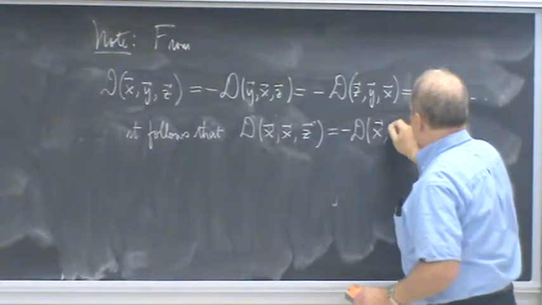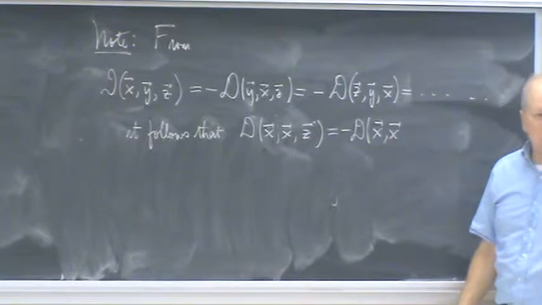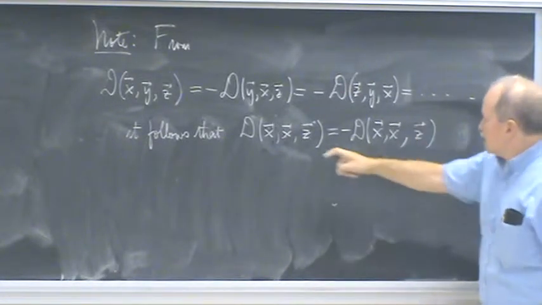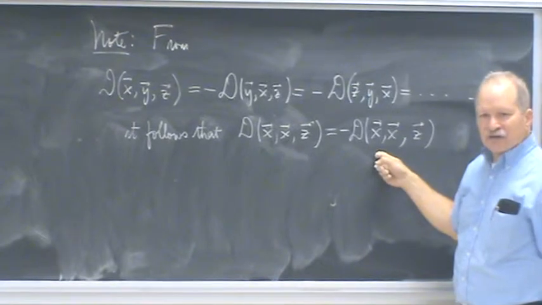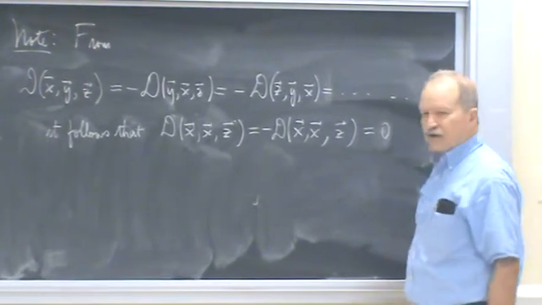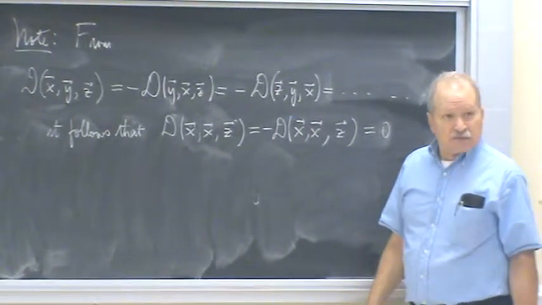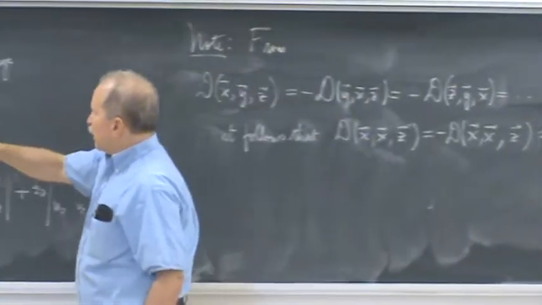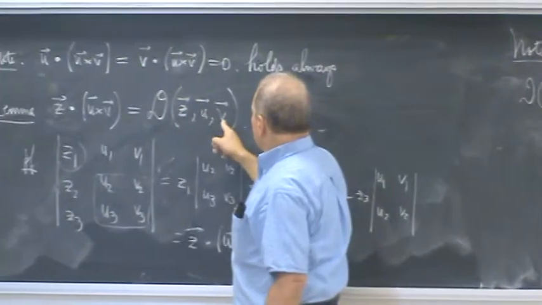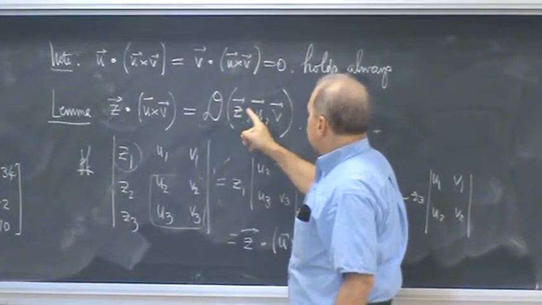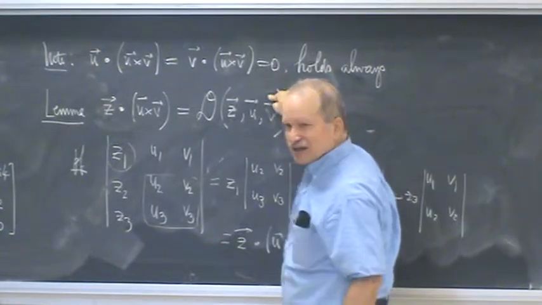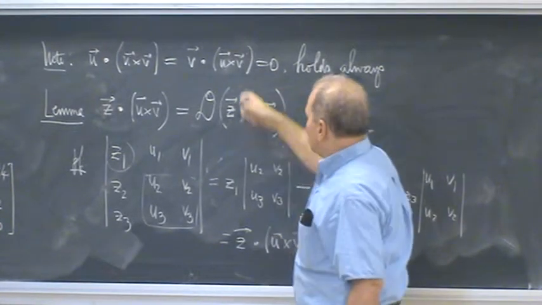Well, that x and that x still look the same to me, even though I switched them. So whatever number this is, it equals its negative, so I get 0. And the same thing if I switch the other two slots. So det(u,u,v) is 0 and det(v,u,v) is 0, because I can switch those two and change the sign. So that proves this.